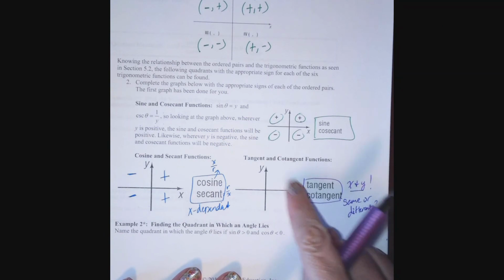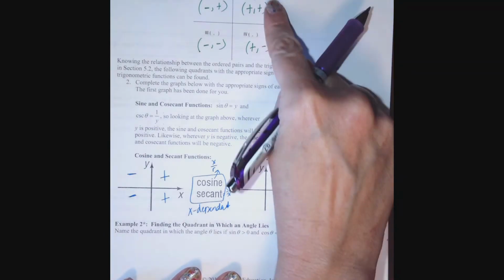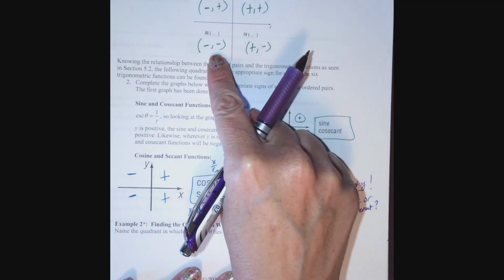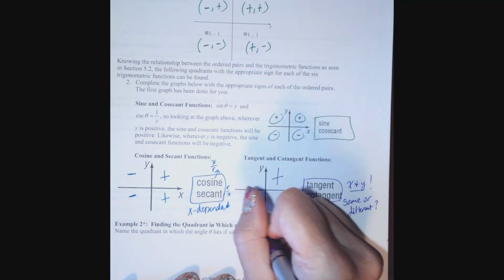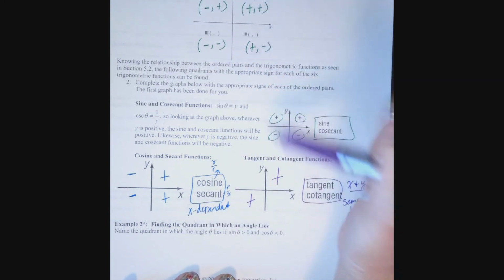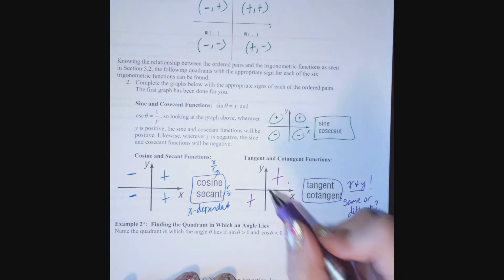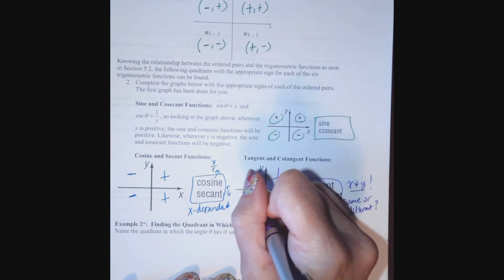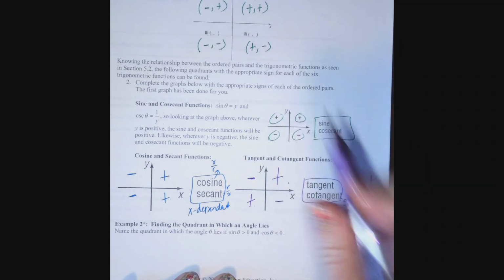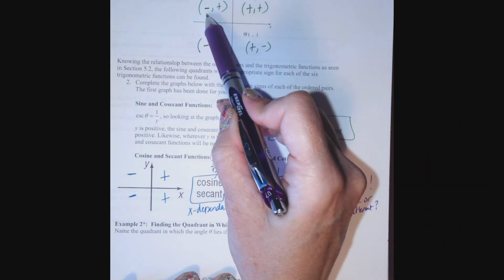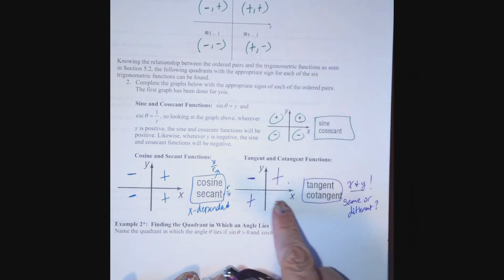Well, in quadrant 1, x and y are both positive, and in quadrant 3, x and y are both negative. So positive over positive is positive, negative over negative is positive. But in quadrants 2 and 4, the algebraic signs are different. If I use a plus and a minus, I get negative function values.